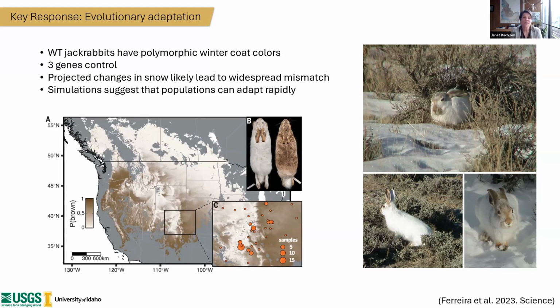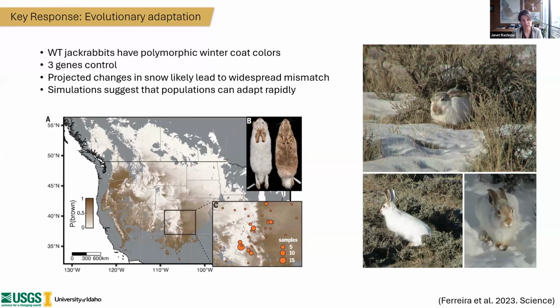What's really interesting is that they were able to identify the fact that coat color change in this species is really only tied to 3 genes. And projecting the climate forward, they were able to document that there would be widespread mismatch with a reduction of snow cover going forward, kind of what you see in the bottom right there. What's really heartening about this example is they also conducted simulations to look at the genetic rate of change for these populations that are mismatched.